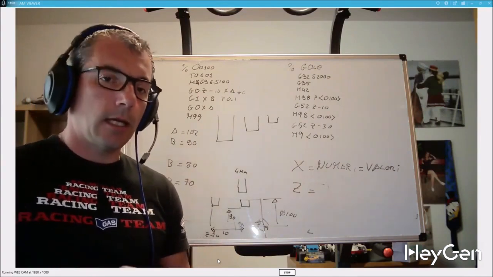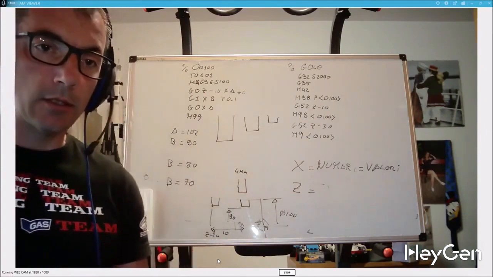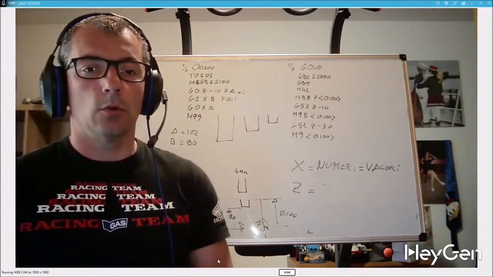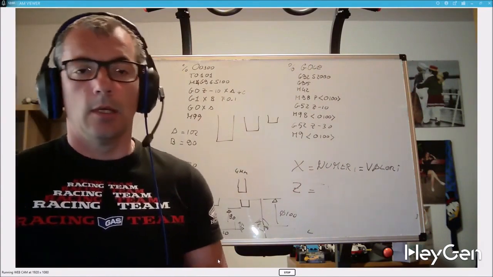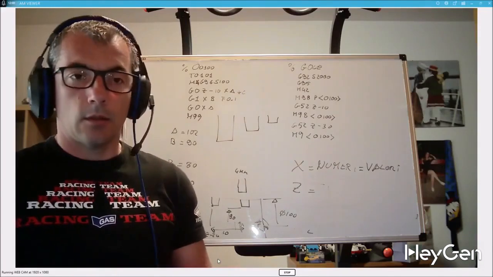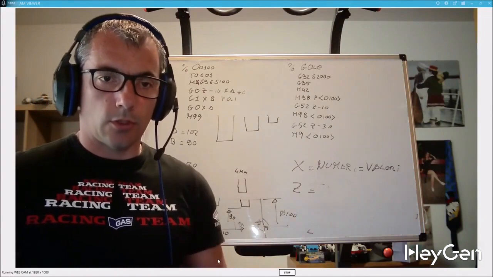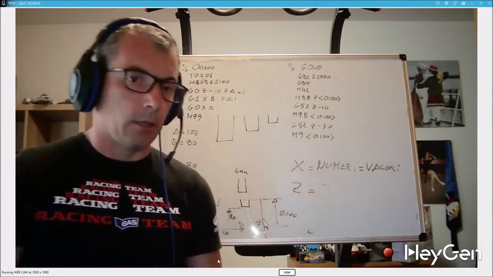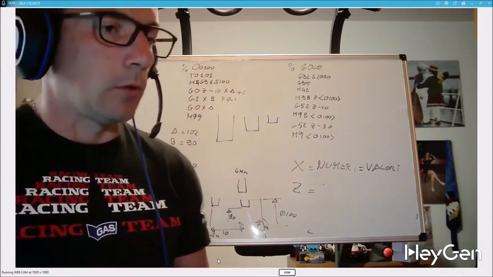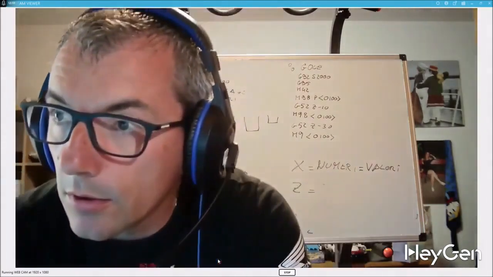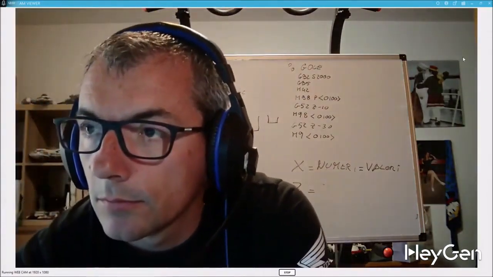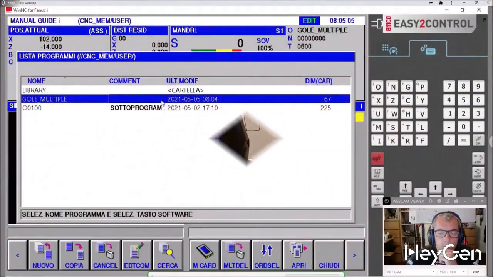So the machine becomes as smart in executing the program as the person programming it. You can even make the machine make decisions like, if value A is greater than B, do 3 cycles. If A is less than B, do 2 cycles. That's really interesting. Now let's move on to the simulator.